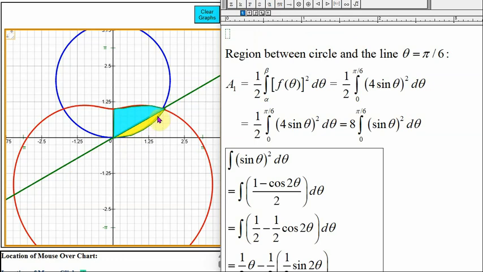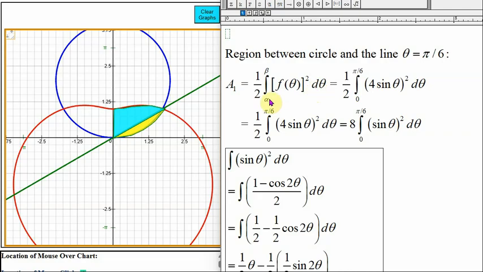The area of the yellow shaded region right here will be the integral from 0 to pi over 6. Recall the formula: 1/2 f of theta squared d theta.